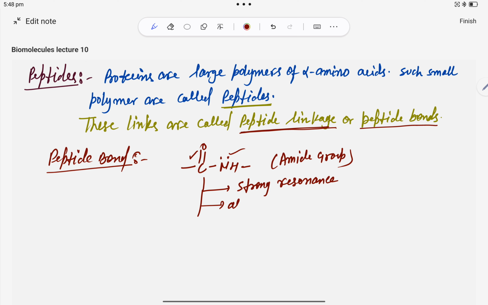All bonds about nitrogen lie in one plane.